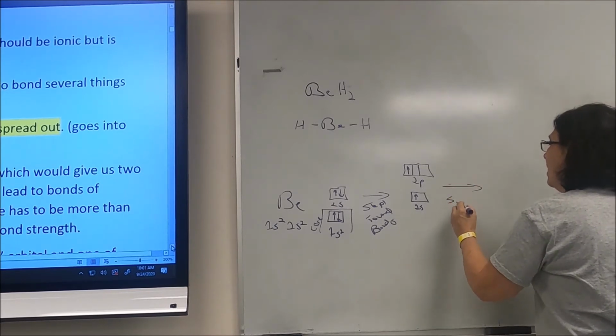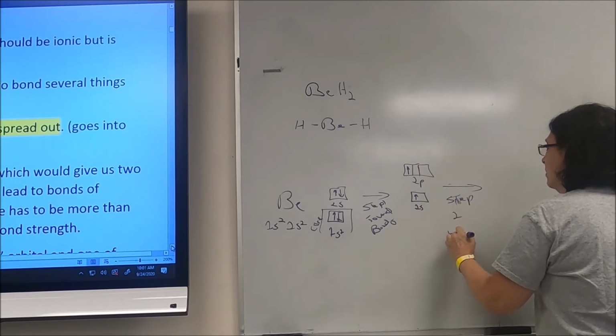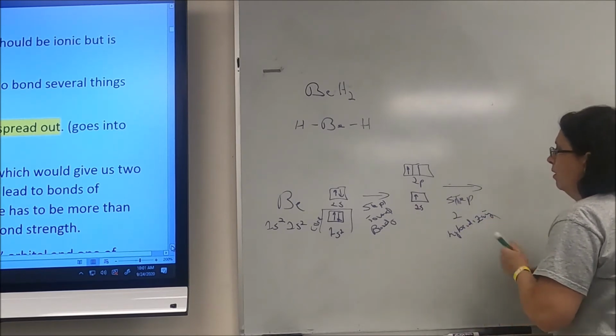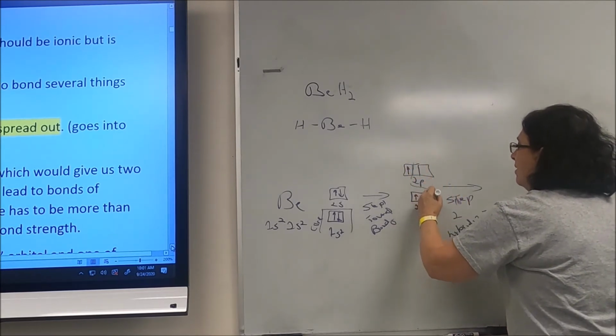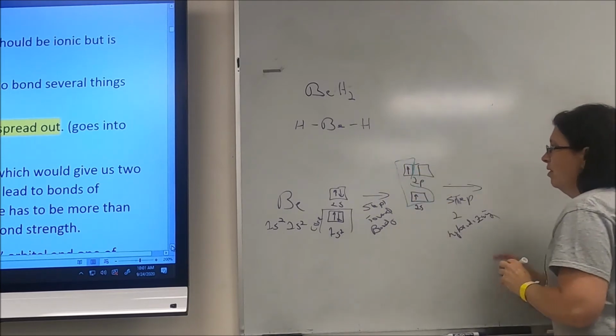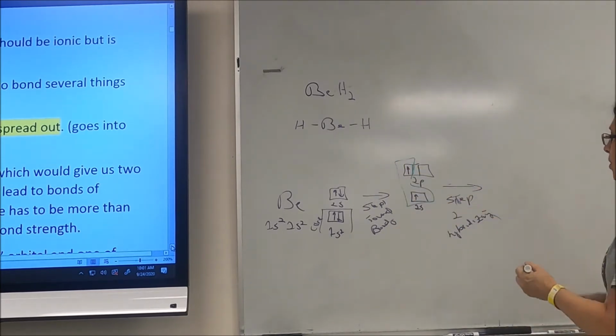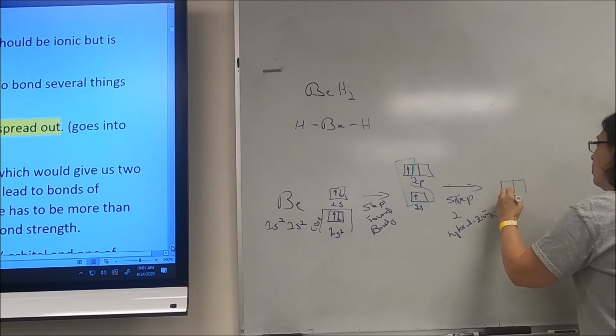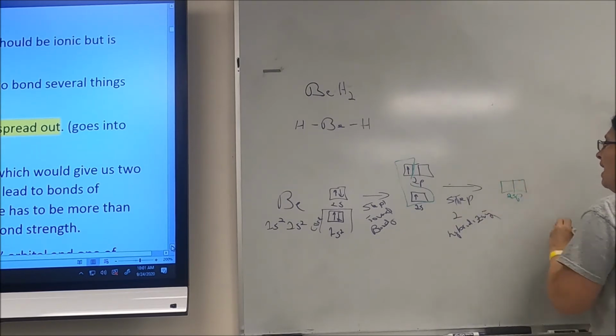Then there's going to be a step 2. The hybridization. We're going to take the 2 rooms here, the 2s room and the 2p room, and we're going to blend them together. And we're going to get 2 new rooms called sp hybrid rooms.